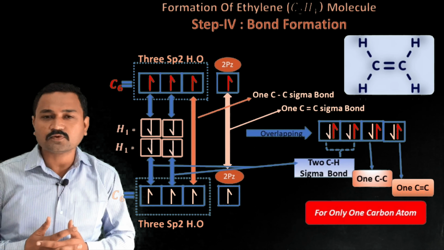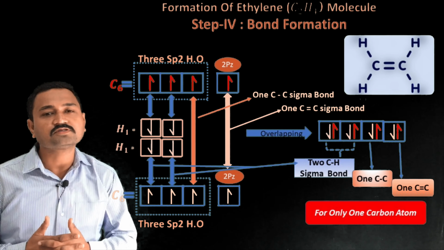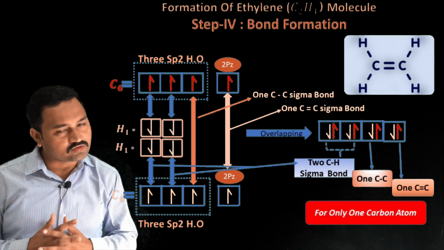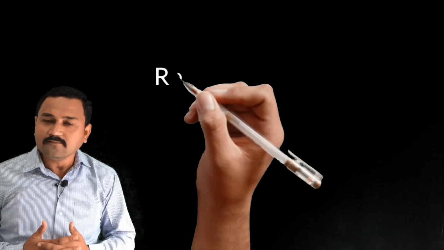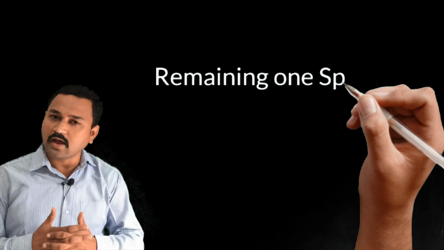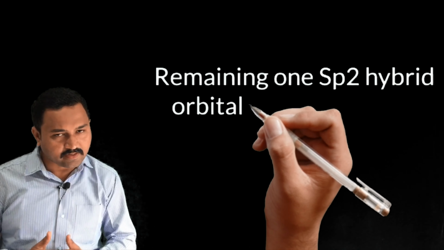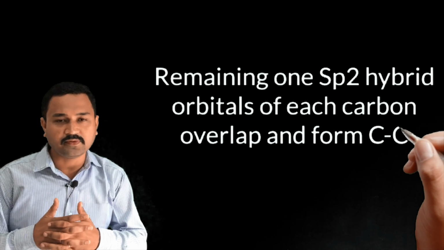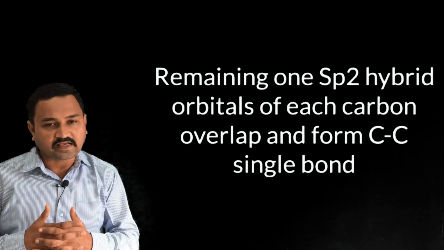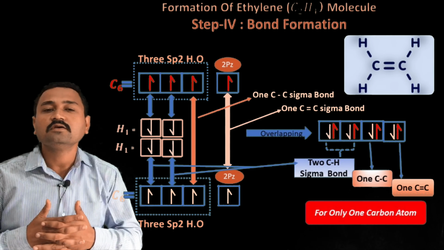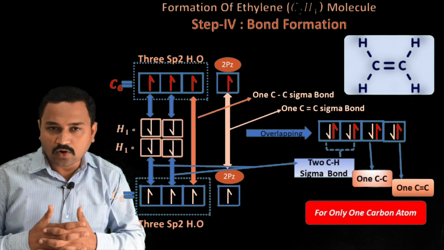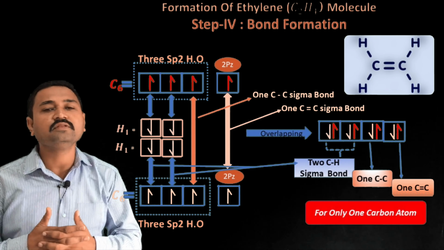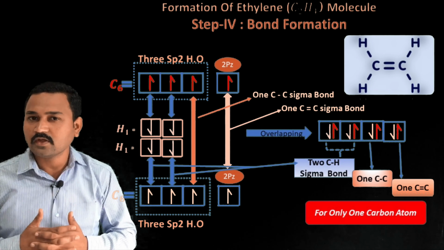So during this process each carbon atom forms 2 C-H sigma bonds with 2 hydrogen atoms, while the remaining one sp2 hybrid orbital of one carbon atom overlaps with the remaining one sp2 hybrid orbital of the other carbon atom axially by sp2-sp2 overlap and forms 1 sigma bond between these two carbon atoms.